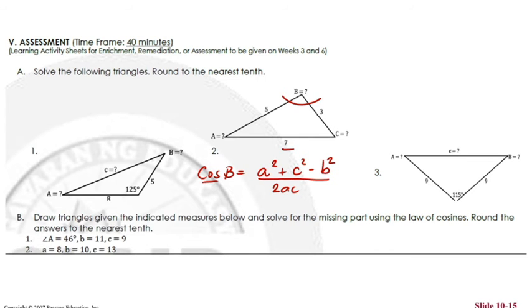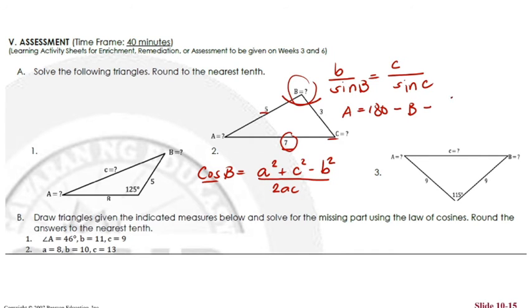Then after that, you can now use your law of sine, starting off with your B and its partner, so B over sine B is equal to, let's compute first for your angle C, since this 5 is longer than your 3. So you're going to have C over sine C. Then cross multiply, then again inverse function of sine. Here it's inverse function of cosine. Here it's inverse function of sine. Don't be confused there. Then if you already have your B and C, to get your A, that's 180 minus your computed values of B and C.